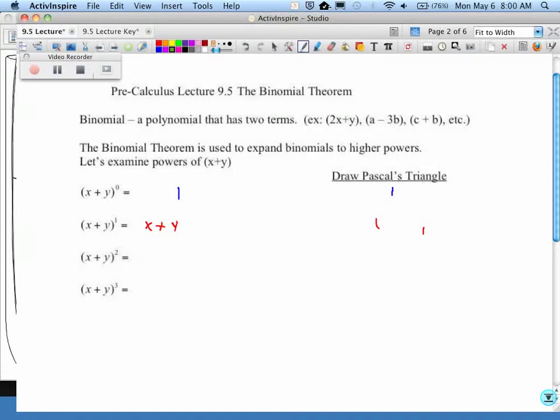What do you get? X squared plus x, if you need to, off to the side, x plus y. So x times x is x squared. Y times y is y squared. But what happens for the middle term? 2xy. So what are your coefficients in that green row? 1, 2, 1.